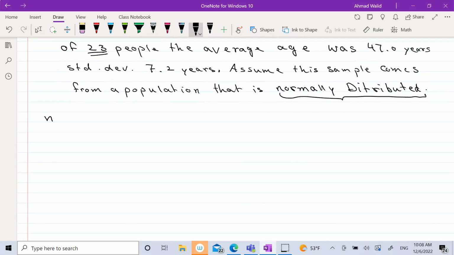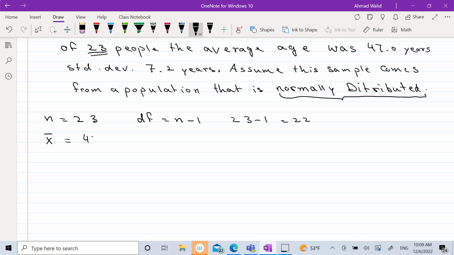How much is n? Your sample size is 23, correct? Then degree of freedom will be n minus 1, which is 23 minus 1, which gives you 22. Correct? The mean of the sample is given to you.